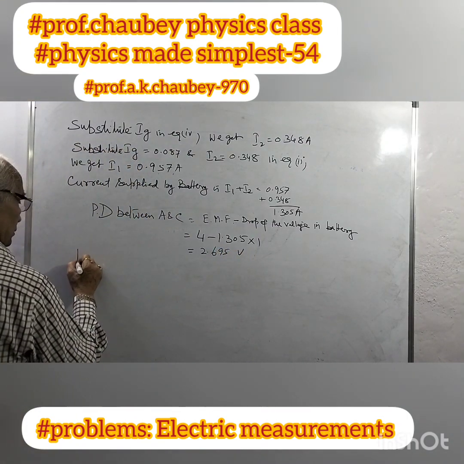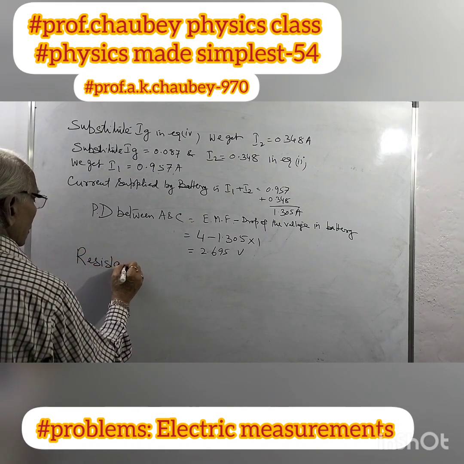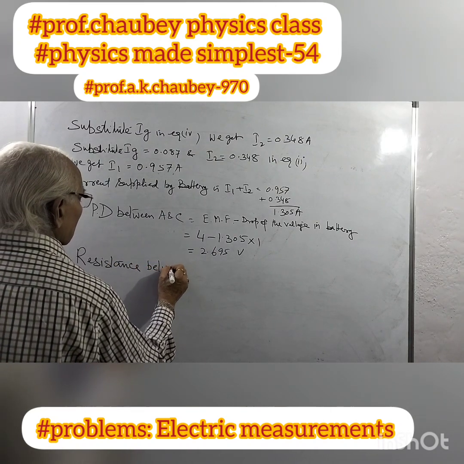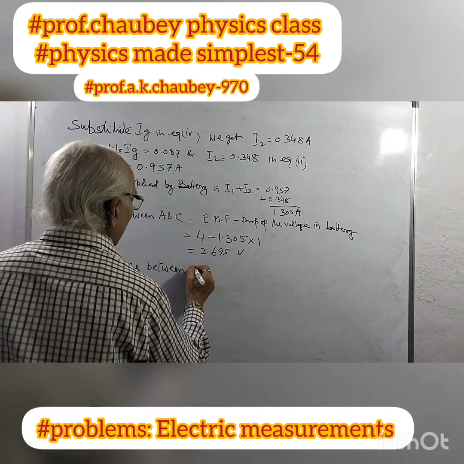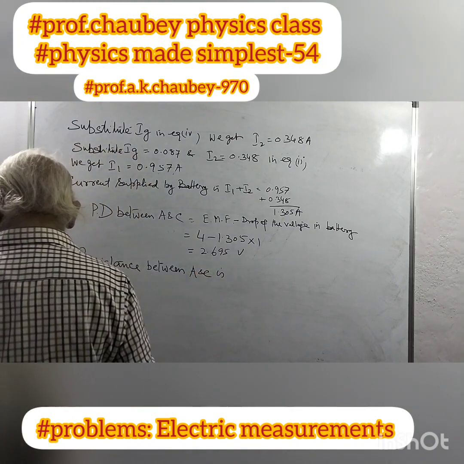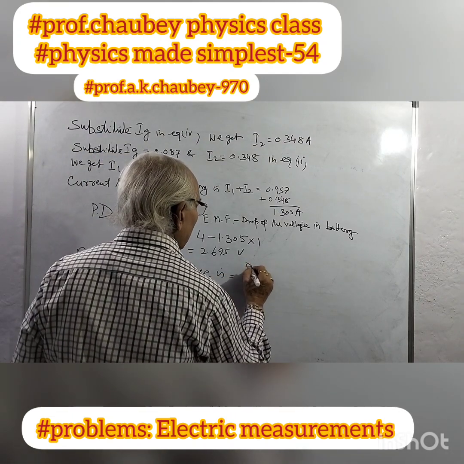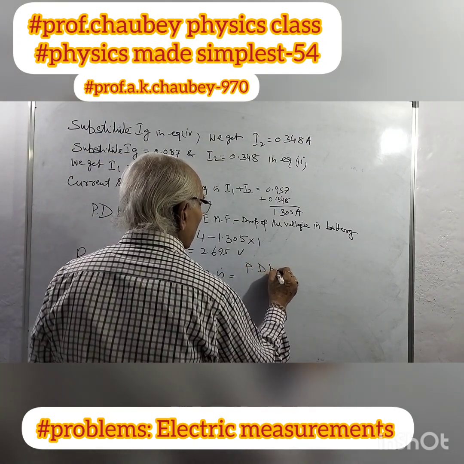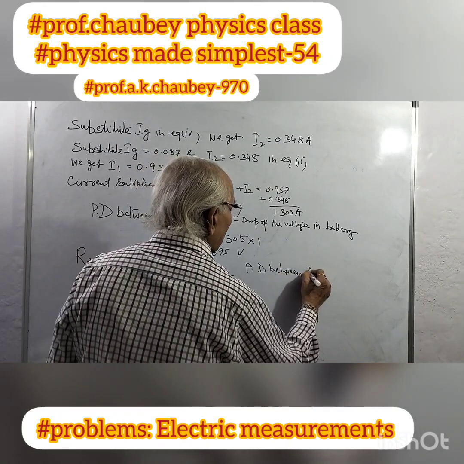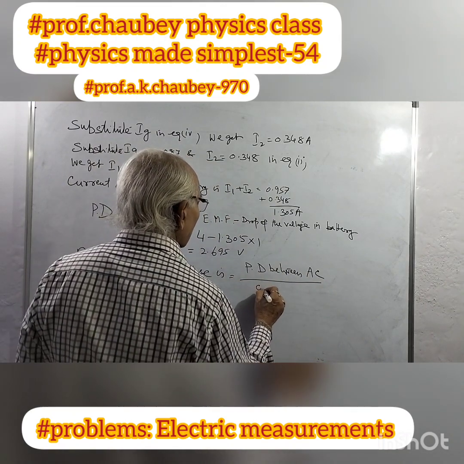Now the resistance between A and C is the PD between A and C divided by the current.